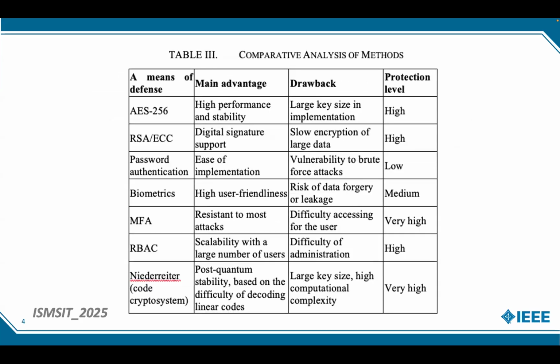In the practice of smart system, three key models used: MAC, DAC, and RBAC, given the increasing complexity of infrastructure. Hybrid schemes are considered the most promising, as they allow scalable access policies and can be combined with cryptographic mechanisms.